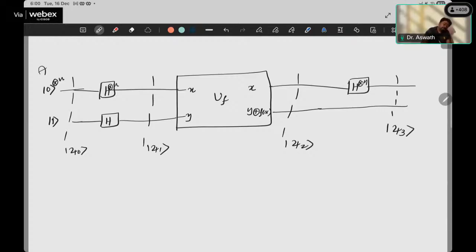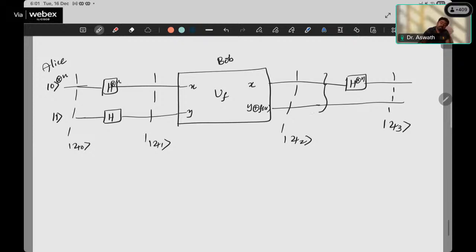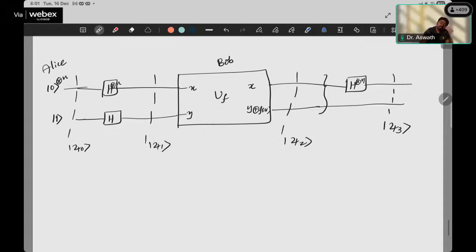Alice prepares everything and sends it to Bob. Bob processes it and sends it back to Alice. Alice then applies n Hadamards on the query, and at this point she makes a measurement.